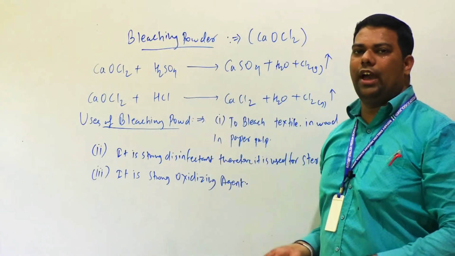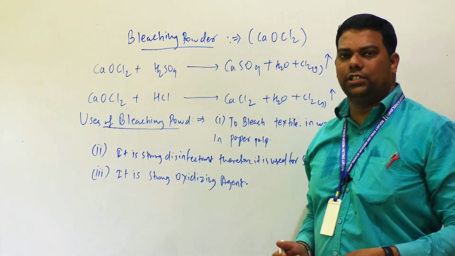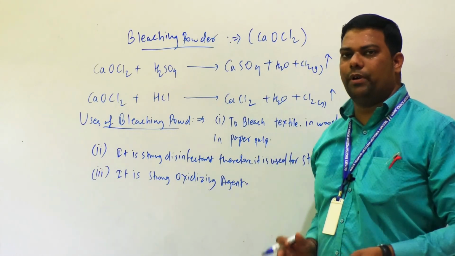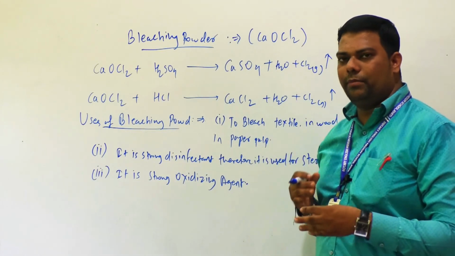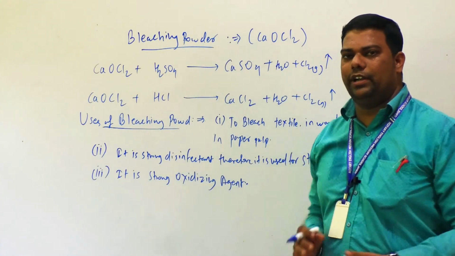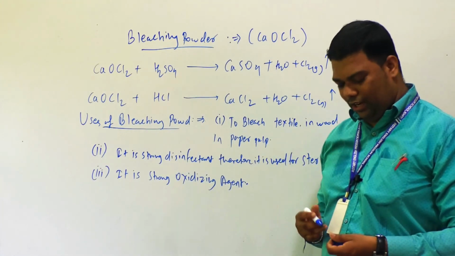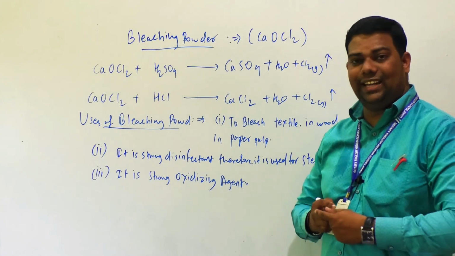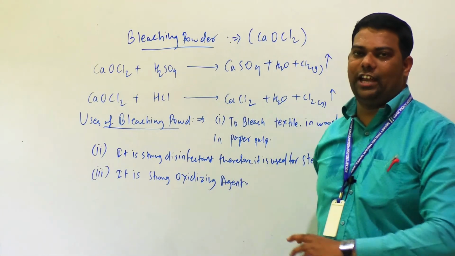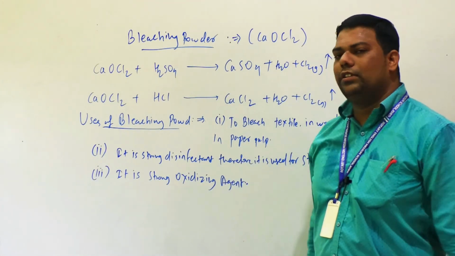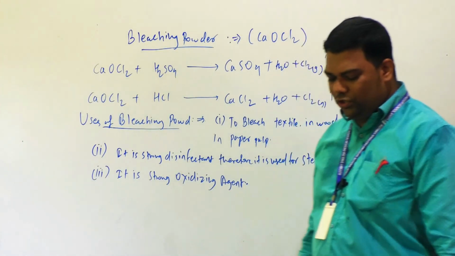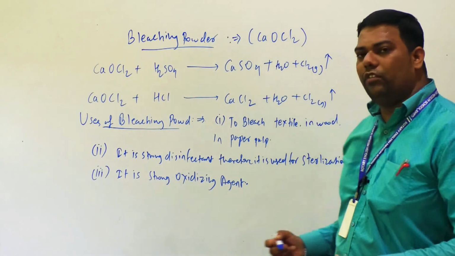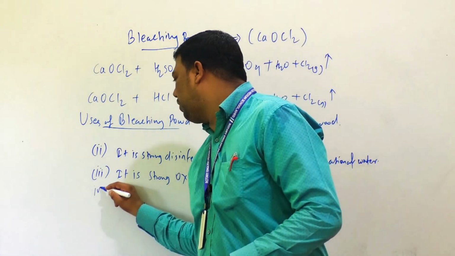As you know, during the rainy season we add potassium permanganate in the well. In Marathi we say we put it in the well. In one bucket of 15 liters we dissolve it and pour it in the well.